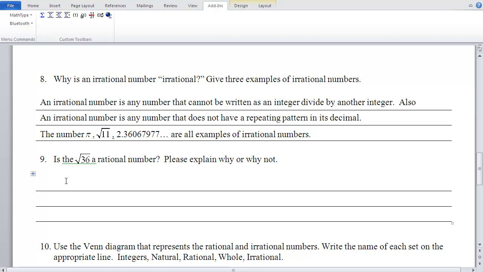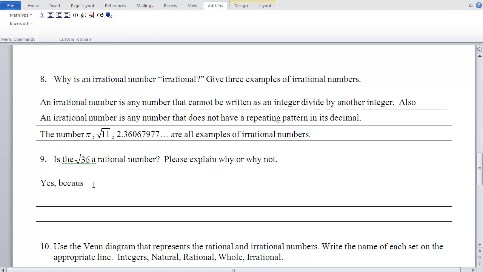If I take the square root of 36, I ask myself, what two numbers that are identical do I multiply together to get 36? Well, 6 times 6 will equal 36. So the answer is yes. Is the square root of 36 a rational number? Yes. Why?